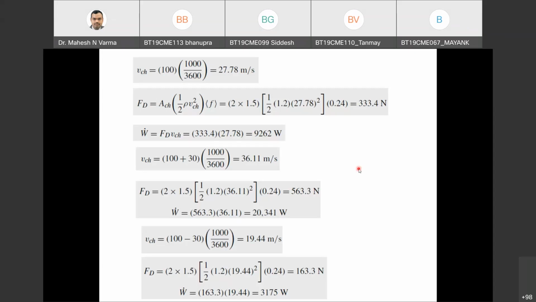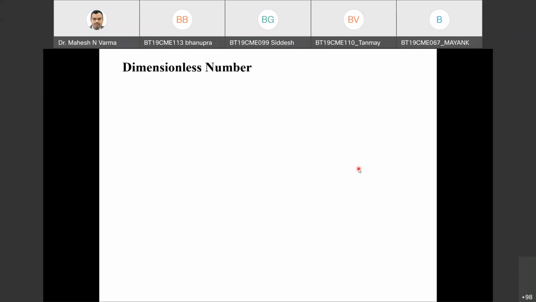Then from the ratio of two diffusivities we got a dimensionless number. Here also we'll approach the same way, make these equations similar, and see what kind of dimensionless number we get.